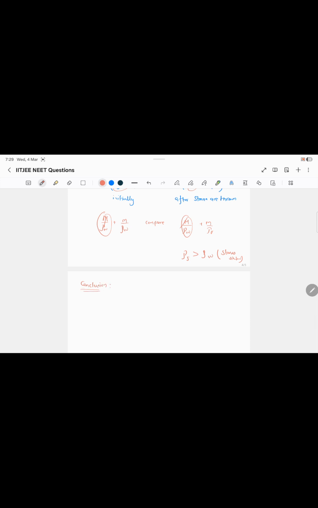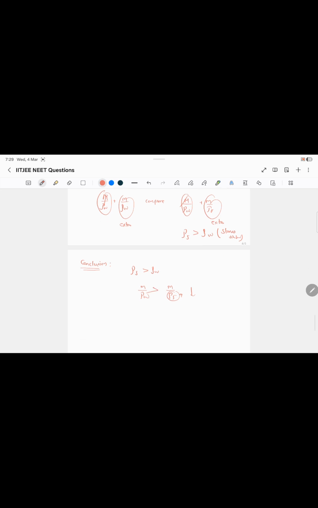Because rho s is more than rho w, the extra term, small m by rho w, is more than small m by rho s, which is less. So the initial volume v will be more than v dash inside finally.